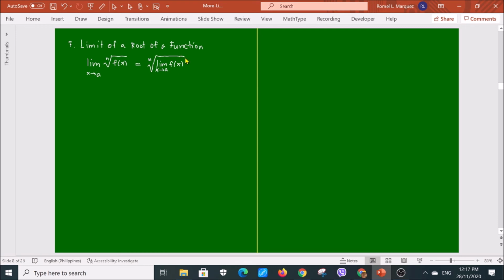Okay? But take note where the order or the index is supposed to be even, if the limit inside is what? Positive, no? Now, if the limit inside is not positive or it is equal to 0, we require n to be odd.